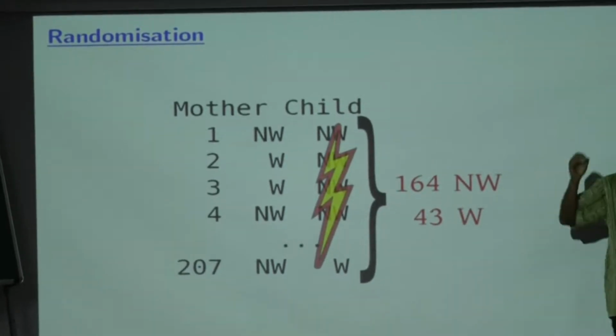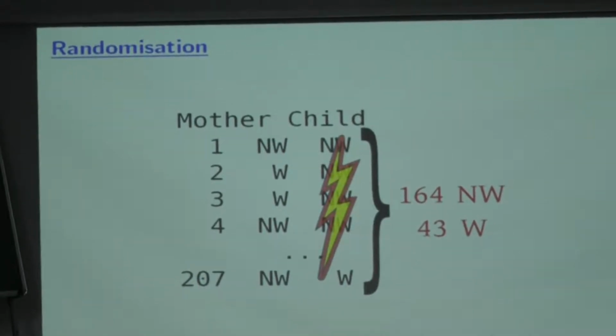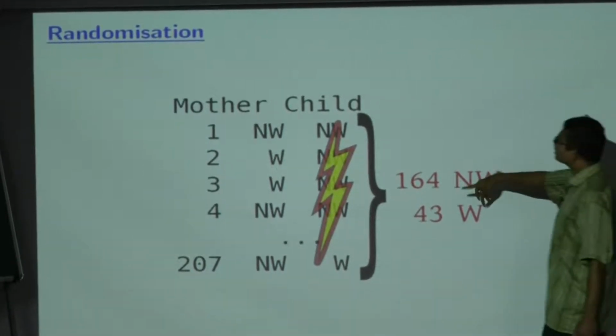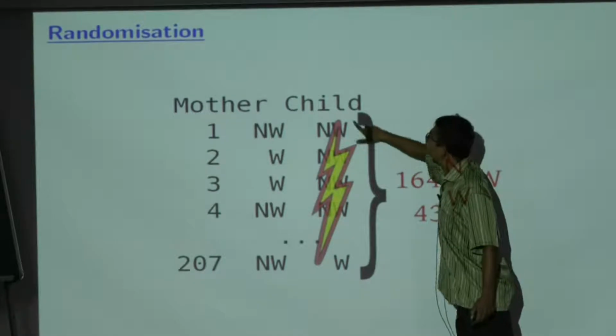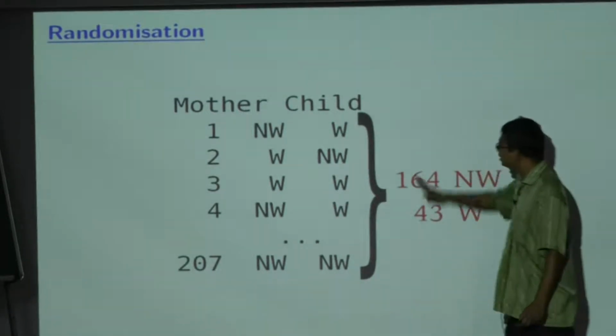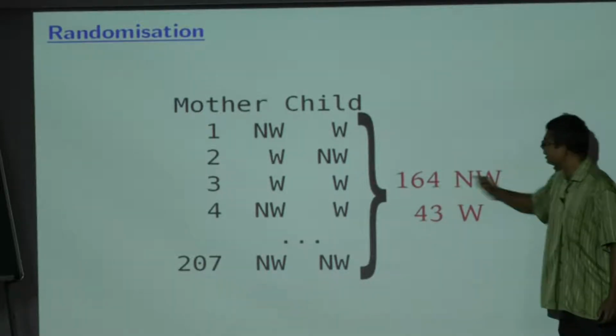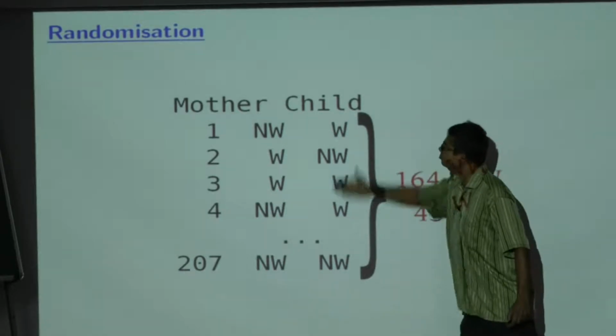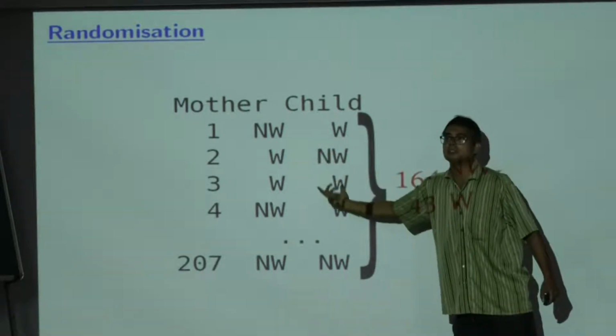So I deliberately destroy any linkage between the mother and the child. For example, right now I have a child without whorl, and after I randomly shuffle the same children, the total number remains 164 and this remains 43. But now the pairing has changed.